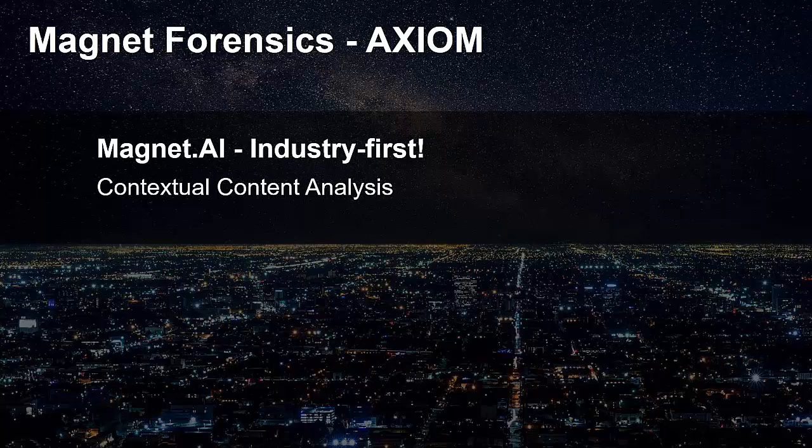If you're looking for evidence of luring, what Magnet.AI does is it automatically goes through all the chat threads and identifies those chats that have potential luring content. So you can filter down your results to just, could be a few, could be tens, but much fewer chat threads than the original evidence. And that's where you can start. And if you find relevant evidence there, then you're off to the races in terms of the case.